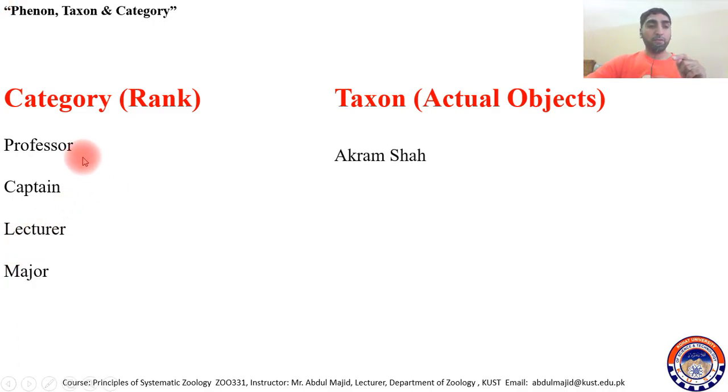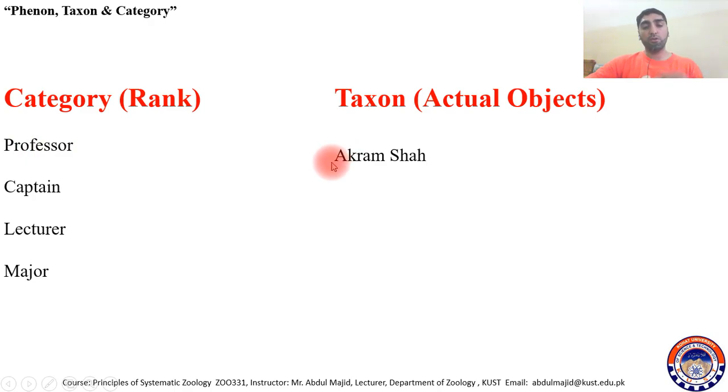So now, professor is the category, and the actual person, Akram Shah, is the taxon. Dr. Akram Shah is a professor. If I tell you that my teacher is Dr. Akram Shah, who is a professor, then you know both things: the actual person, the taxon, and the rank of the person.